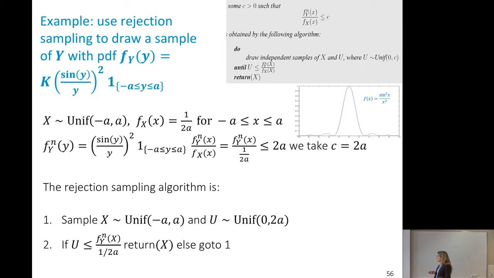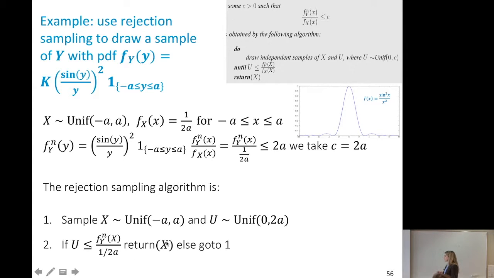So let's see how the algorithm now works. We draw a sample of x from the uniform distribution between minus a and a. We saw yesterday how to do this using the random number generator and just scaling the result. Then we draw a sample u of the uniform distribution between 0 and 2a in the same way, so between 0 and c, as in the theorem.